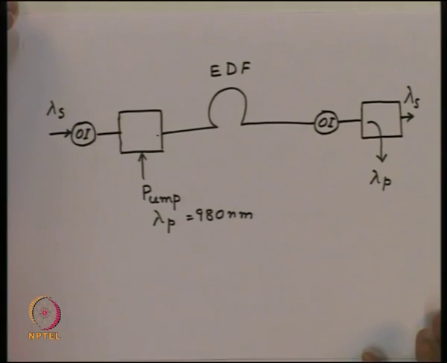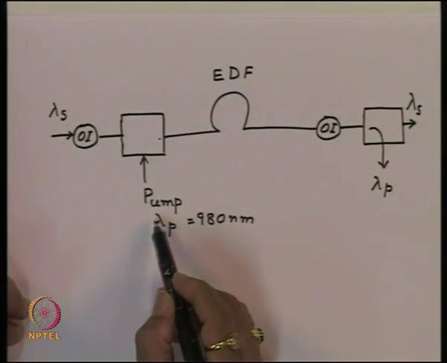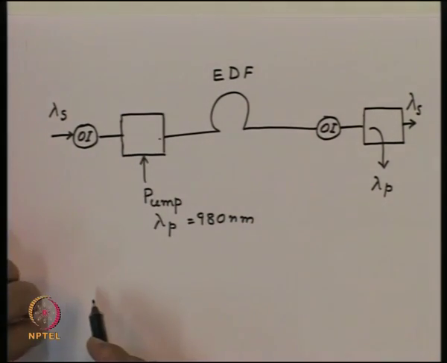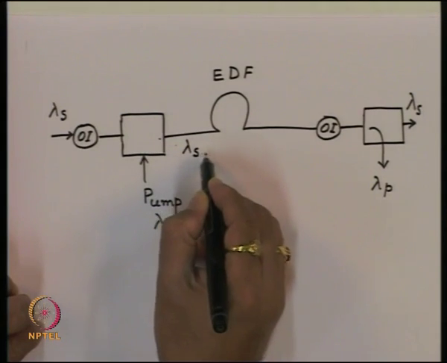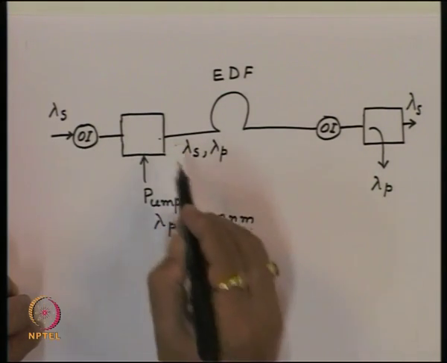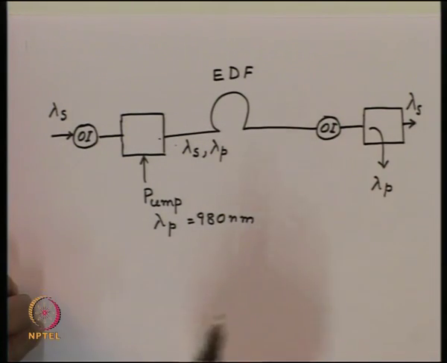So, essentially what we have done here, we have combined the signal and the pump by using this wavelength multiplexer, and lambda s and lambda p have traveled together inside the EDF, and we get the amplification of the signal.